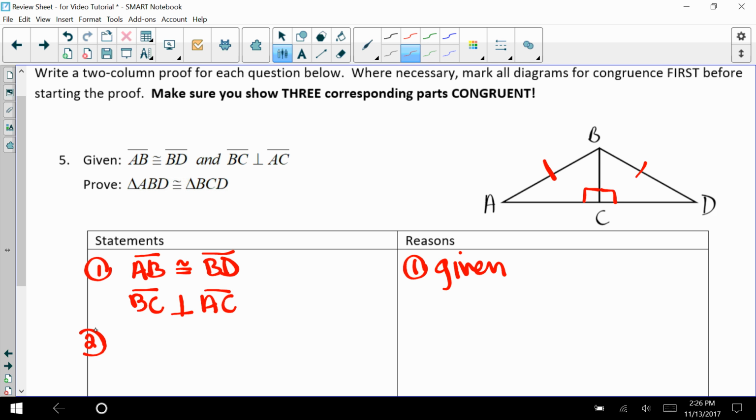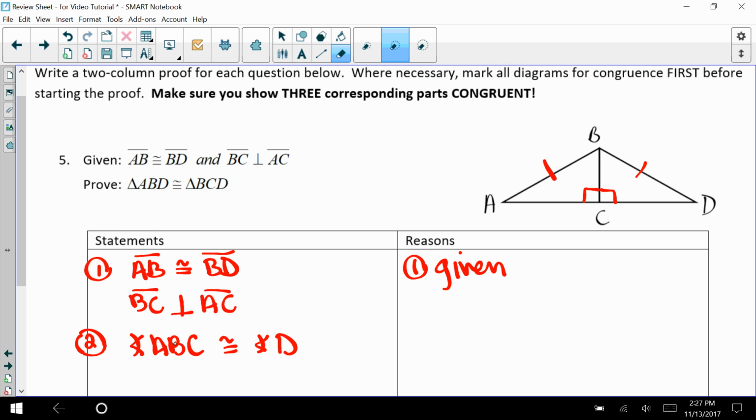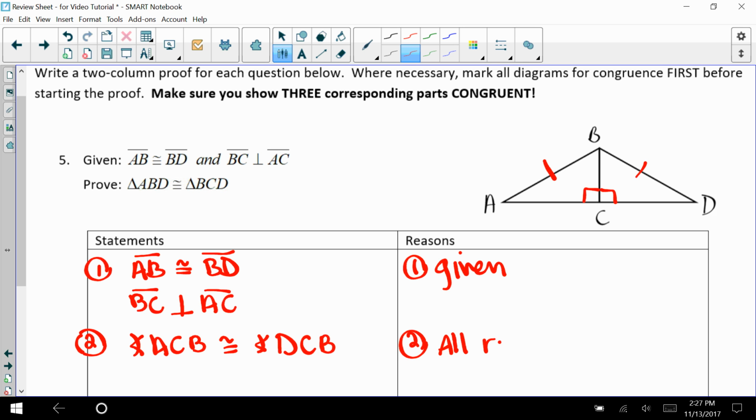And then from there, we know that angle ABC is congruent to angle DCB, because all right angles are congruent. And the other day we called this the right angle theorem. But if you write all right angles are congruent, that's perfectly fine.